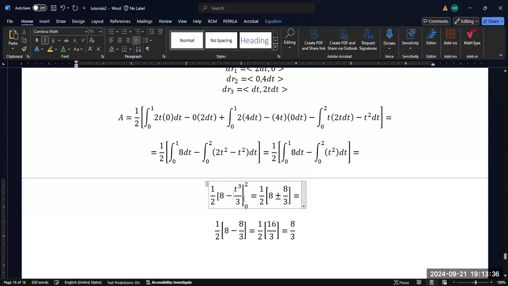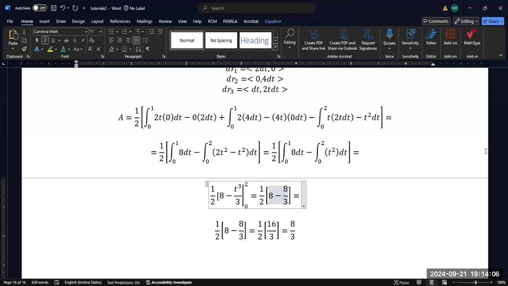Again, sometimes it's a good idea to keep your mental pathways open to the possibility. But it's that orientation issue that makes the negative sign necessary for this final integral. Again, if we had integrated the original parameterization, that 2 minus t and the 2 minus t squared, we would be fine.